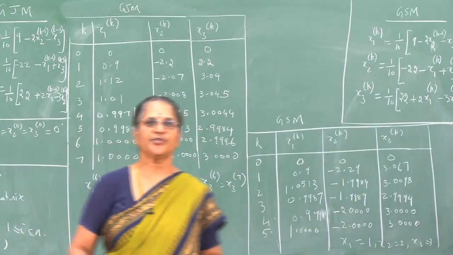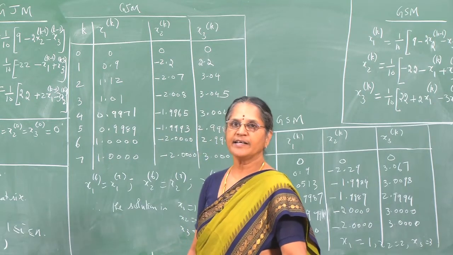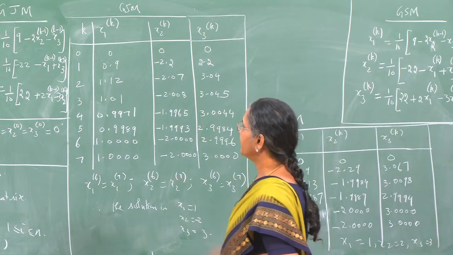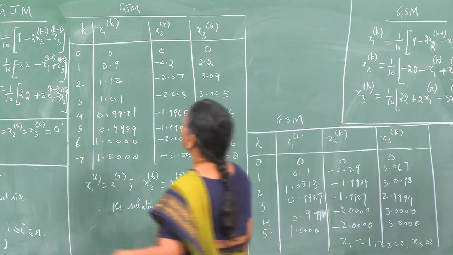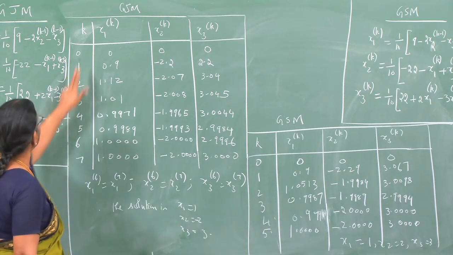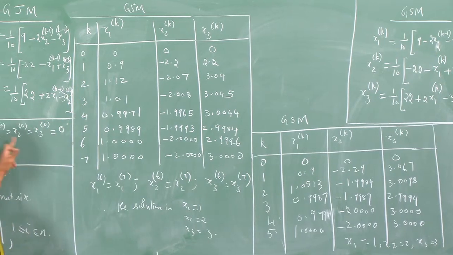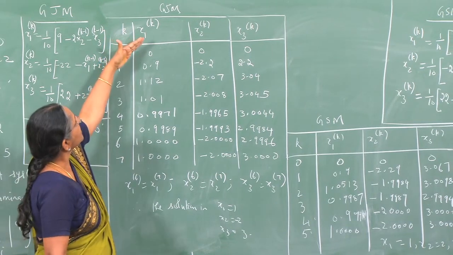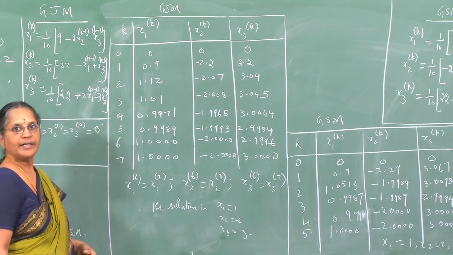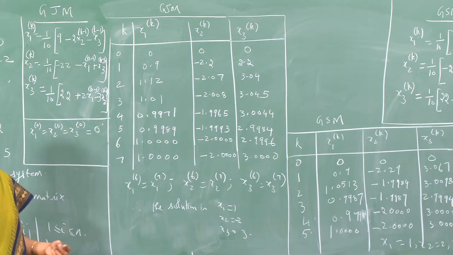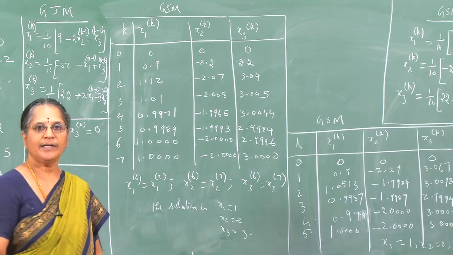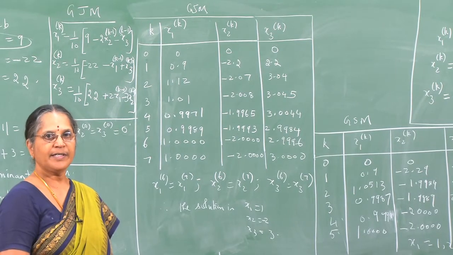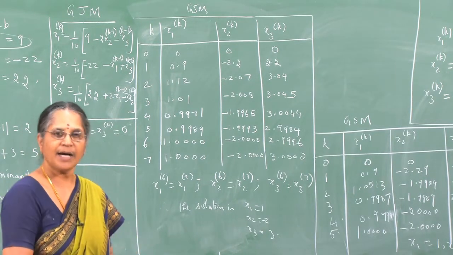So, the solutions using Gauss-Jacobi method and Gauss-Seidel method are presented here. We start with an initial approximation for x1, x2, x3 as 0 and apply Gauss-Jacobi method, every time using the previously available values for the variables and the values at this step are computed.